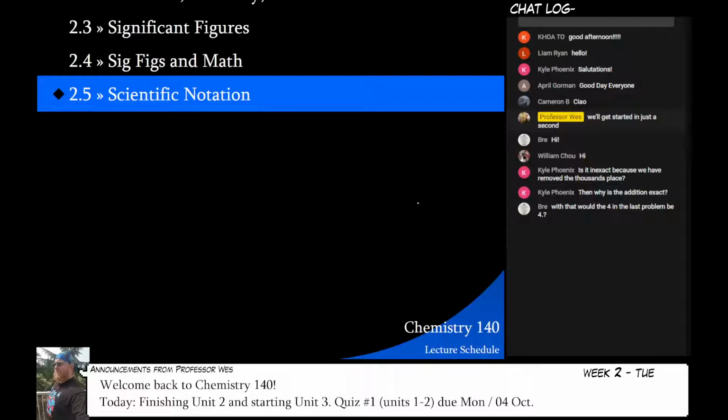So for that last problem, if you wrote 4 or 4 dot, they're both one sig fig, so you can write either. 4 by itself is probably preferred because you aren't putting in a dot for no reason. Like if you're trying to write 10, for instance, with 2 sig figs, then putting a dot there means something, and not putting the dot there means something else. So that would be okay.